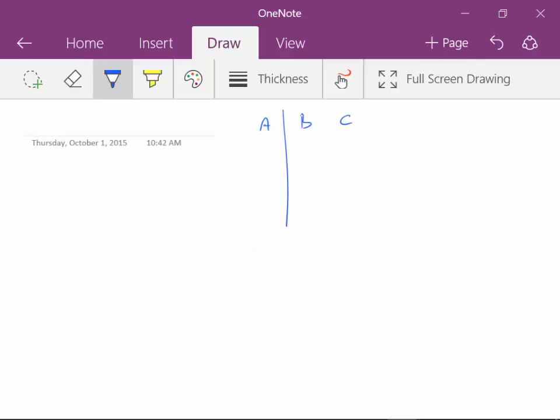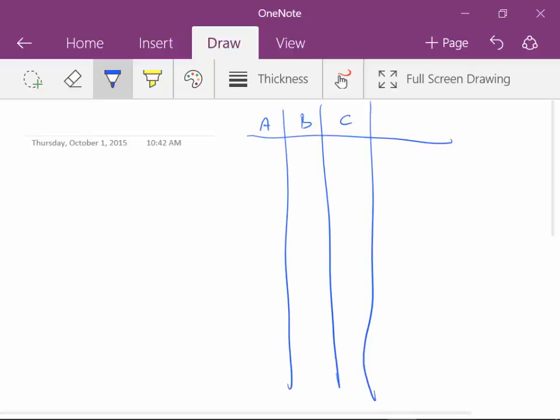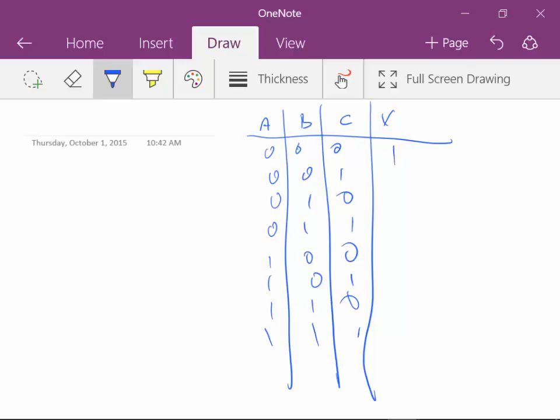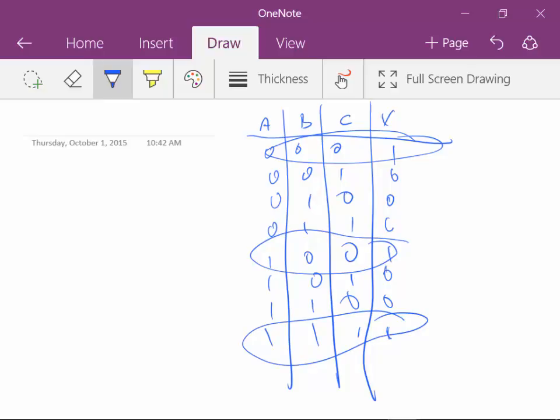Now, one of the reasons the sum of products is so common is if I go through a truth table, A, B, C, here's X. I'm just going to do a couple. I can instantly write an expression for this table by simply saying that it's going to be A naught, B naught, C naught, or A, B naught, C naught, or A, B, C equals X. In other words, I can pull that straight right off the table.